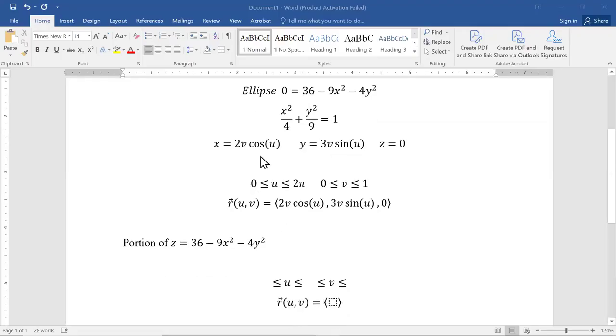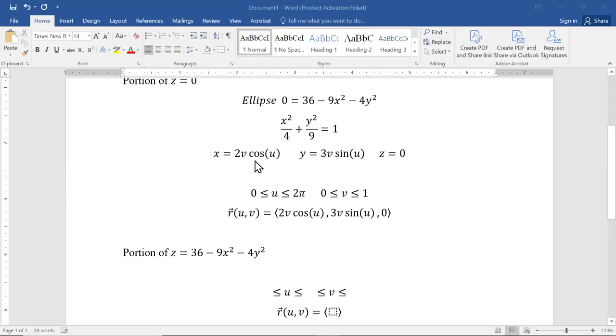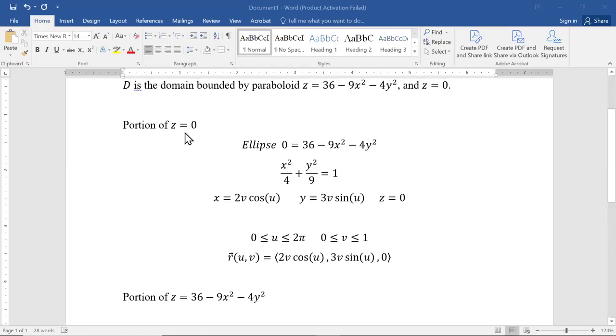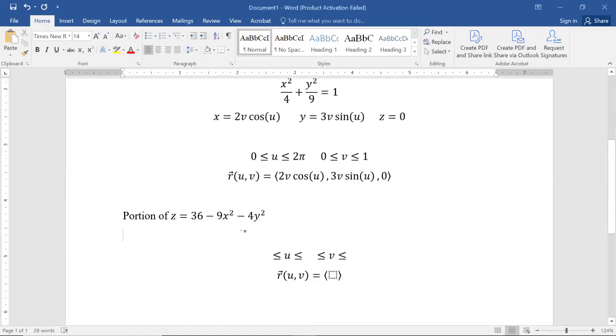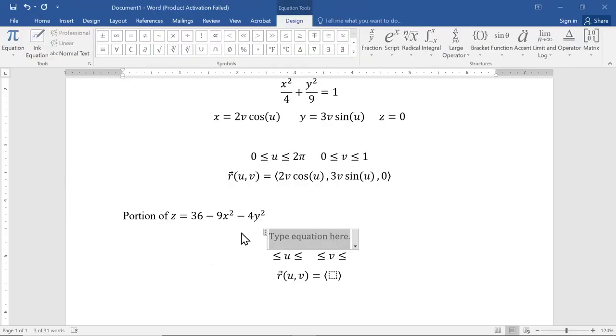So the same way we filled the portion of z equals 0, we're going to fill this paraboloid, this elliptical paraboloid, and we're once again going to let x equals 2v times the cosine of u. We're going to let y equals 3v times the sine of u.